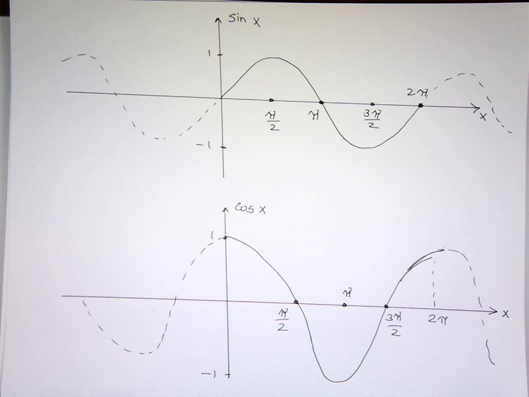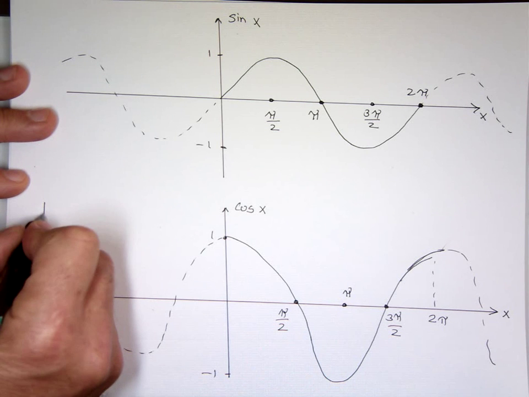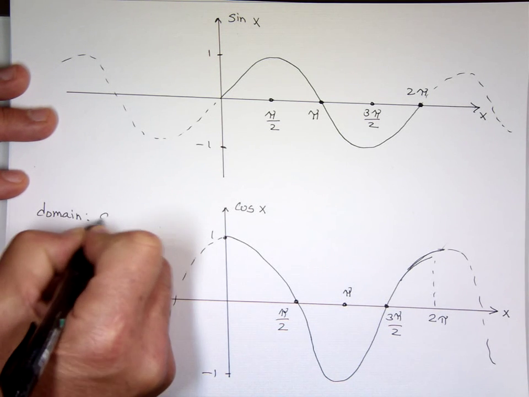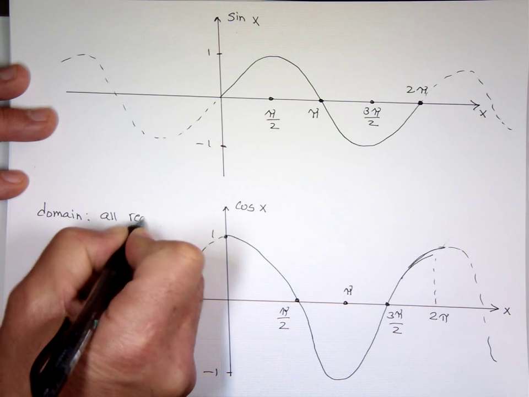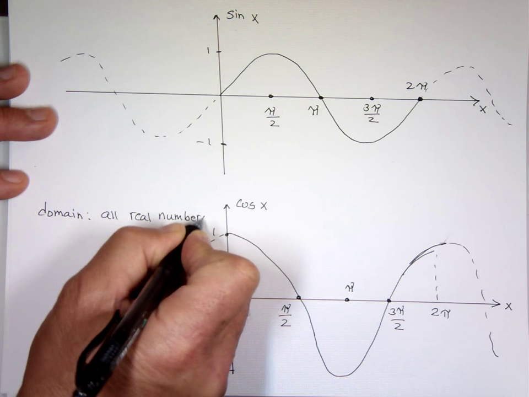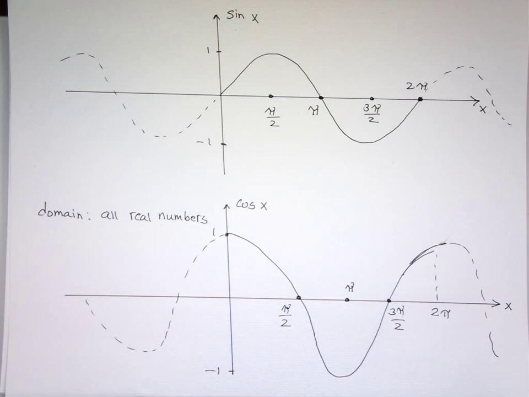There's not a single value where the function is undefined. So technically, when I say what's the domain, all real numbers. Because any x value, you will have a y value, either cosine or sine.